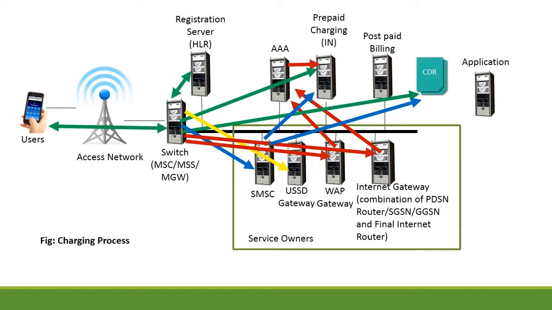AAA interacts with the IN for prepaid, and for postpaid it will generate the CDR. For the application, every service owning node will interact with the application separately. If an additional charge is needed, then for postpaid a CDR will be generated, and for prepaid it will communicate with the IN. Finally, generated CDRs are pulled by the postpaid billing software, and it generates the bill.